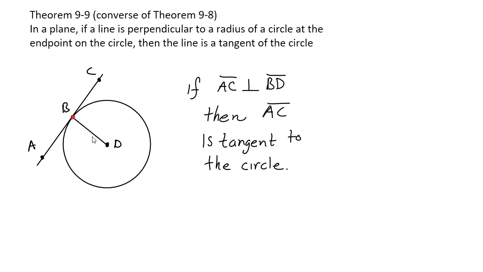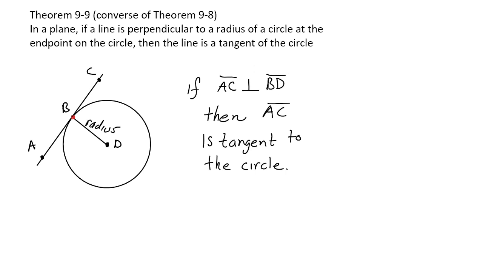By that we mean if we know that BD is a radius, and we have some line that's perpendicular to that radius at the point that's on the circumference, and we show that they're perpendicular to each other, then we can say that that segment AC is a tangent of that circle.